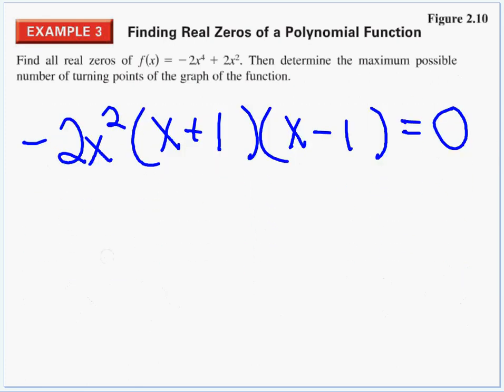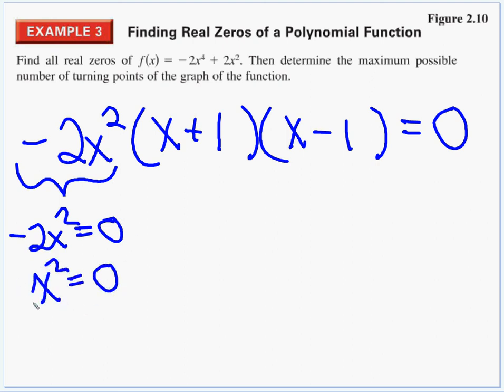So here we have our zeros. If we set this equal to 0, we could divide by negative 2 and get x squared equals 0, and then take the square root. That would be x equals the square root of 0, which is 0. If you're thinking plus or minus, 0 does not have a sign. It's neither positive nor negative. It lives in between. Here are the other factors.